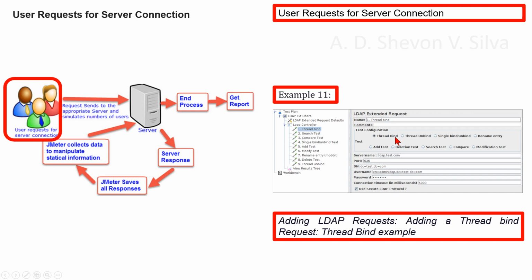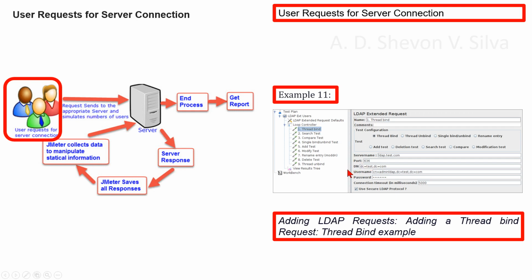Enter the hostname value for LDAP server in the server name field. Enter the port number from the LDAP server, 636 LDAP over SSL, in the port field.